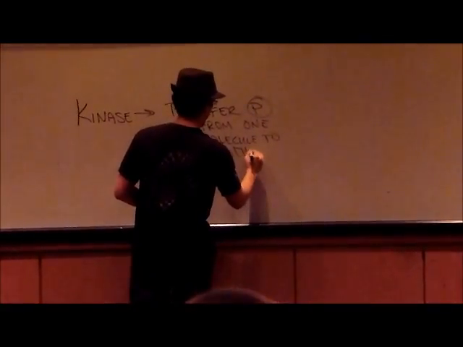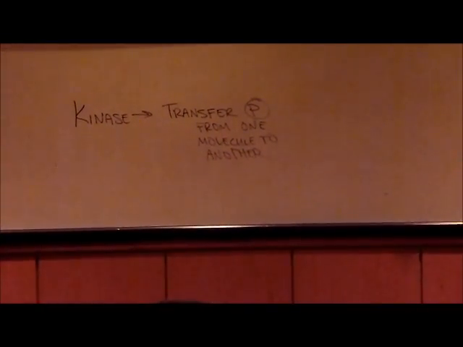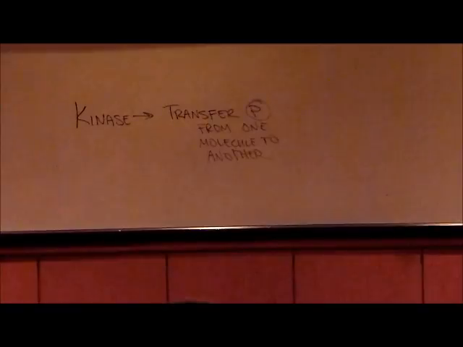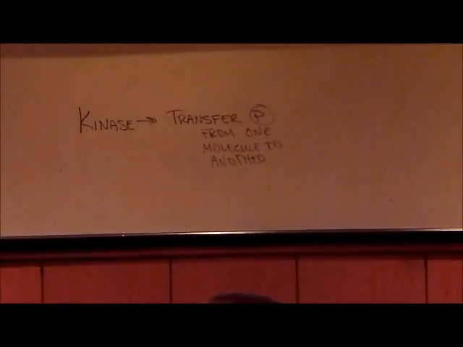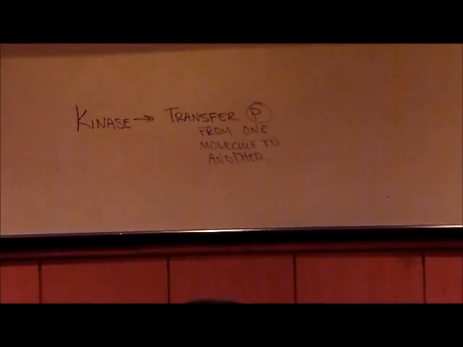So anytime I see the word kinase, I should immediately be thinking that I'm going to see something add a phosphate onto my molecule or transfer it off to another molecule. And that's exactly what's happening here.